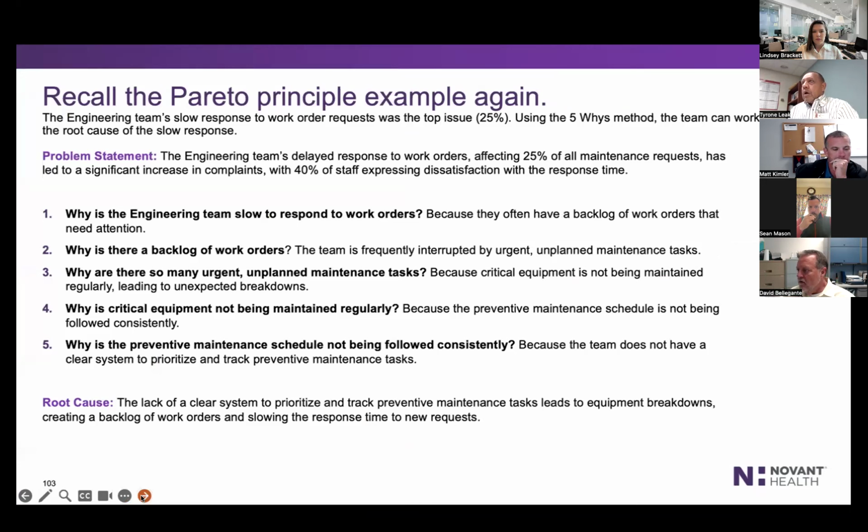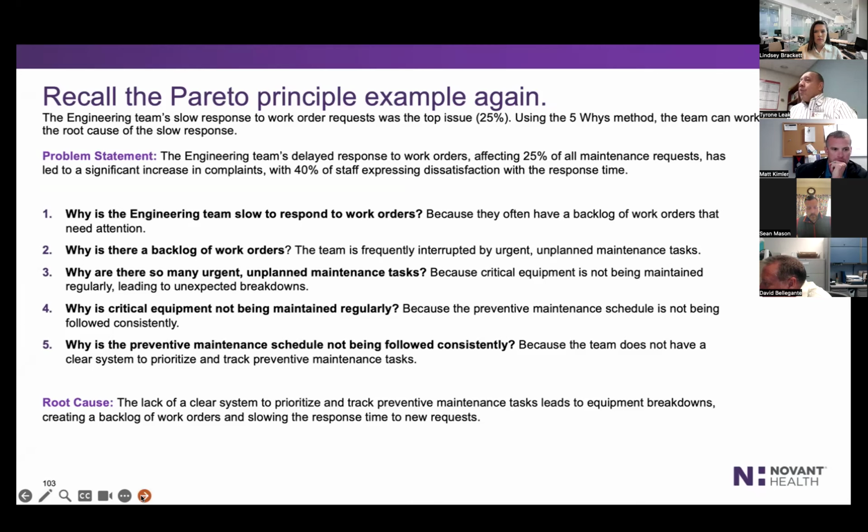Okay, here we have the Pareto principle that we've talked a lot about, and we used as an example the engineering team. Slow response to work order requests was the top issue, at 25%. Using the 5 whys method would truly help us get into that. We've defined that we need a problem statement to determine what we're focusing on. But as an example, using the 5 whys, we ask why the engineering team is slow to respond to work orders, and we answer that.